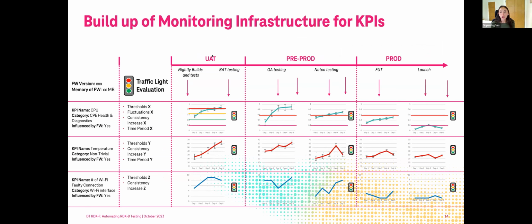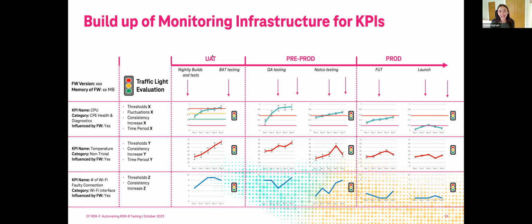And what this would look like in a real scenario is that we would have a series of dashboards where we're monitoring all of these different KPIs and looking over time. So you can see here we're going along the span of our testing and into FET and launch as well. And we can see very clearly, are we seeing the thresholds?